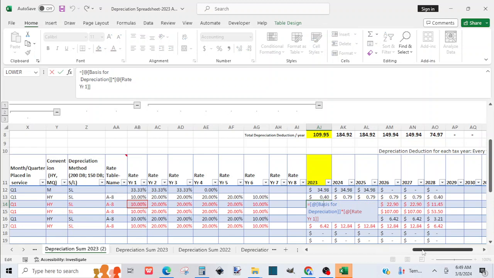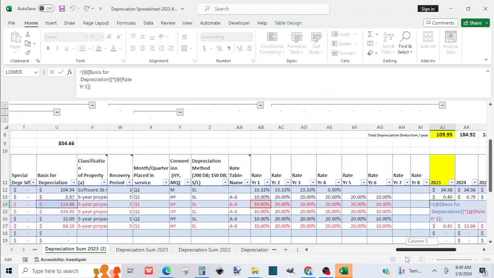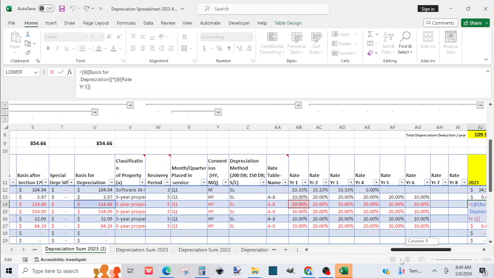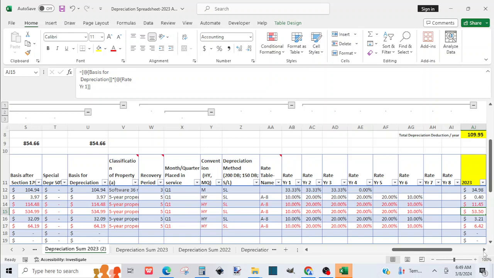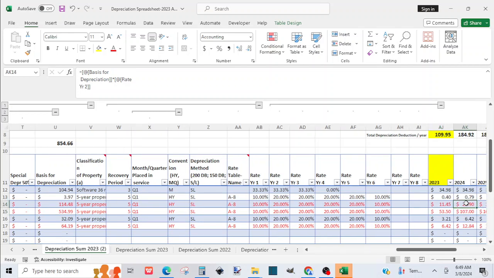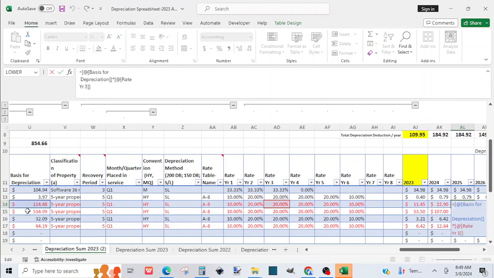And when you see that it's taking the rates times the original amount, the basis for depreciation, and the following year is going to do the same. Take the basis for depreciation when you place the asset in service times the second year rates. The basis for depreciation is not going to change because the rate is changing. So the third year is going to take that same basis for depreciation amount times the third year rates, and so forth.